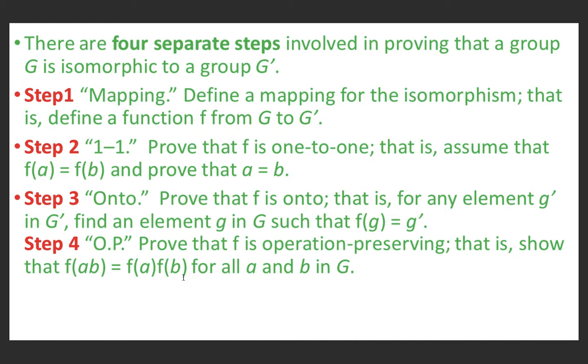So observe one thing, that none of these steps are unfamiliar to us. But roughly the fourth step says that the process of operating and mapping can be done in either order without affecting the result.